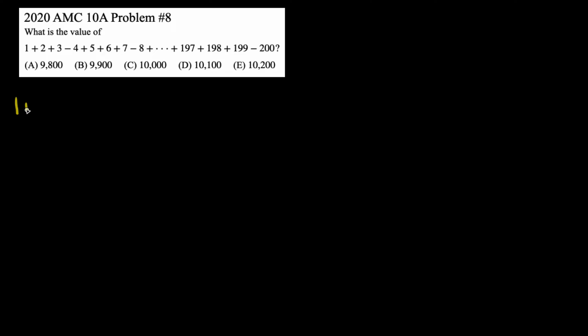So if we have 1 plus 2 plus 3 plus 4, and remember, we're just doing the normal sum, not this one. This one has a -4, and this goes on plus 197 plus 198 plus 199 and plus 200.